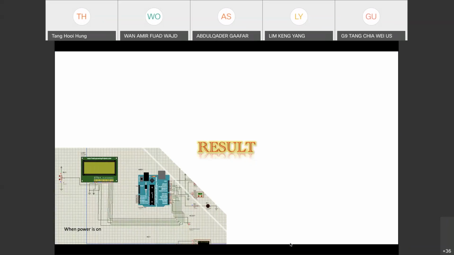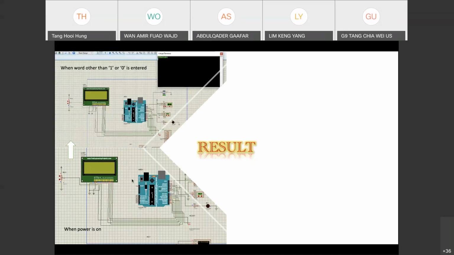Okay, so next is our result. As you can see, when power is on, it will just turn on the backlight of the LCD screen. When we press anything other than 1 or 0, it will show error 404. It means that it will not work.